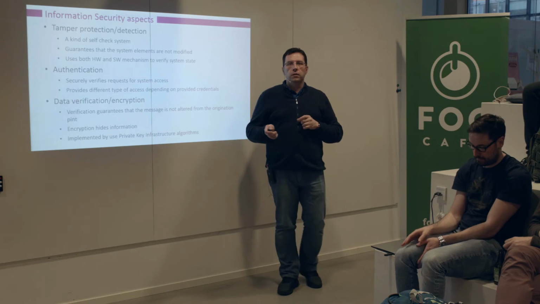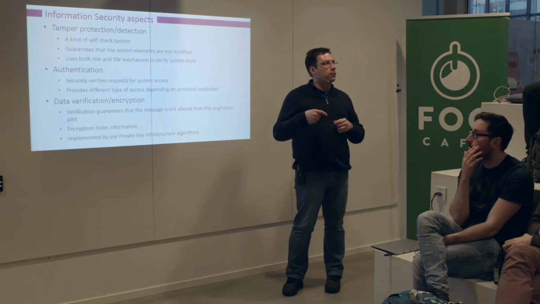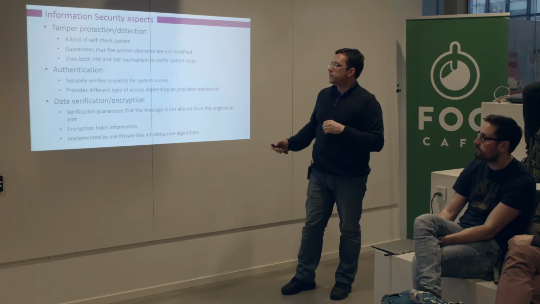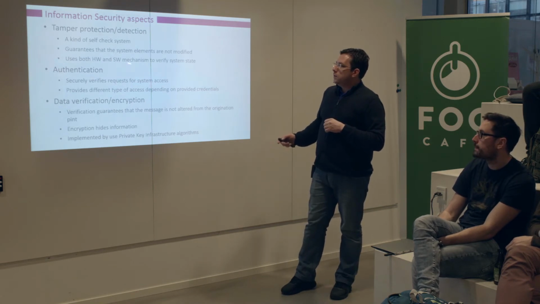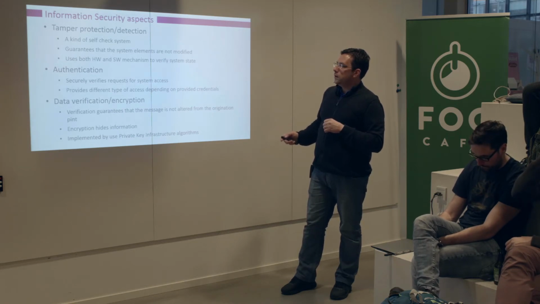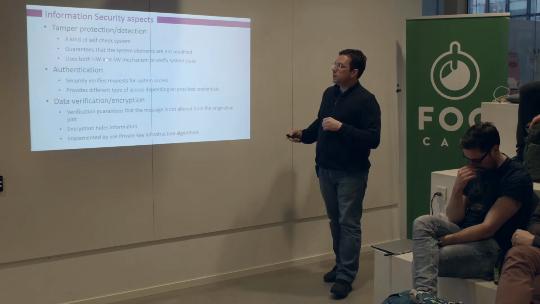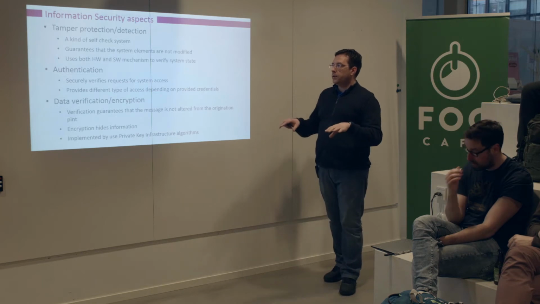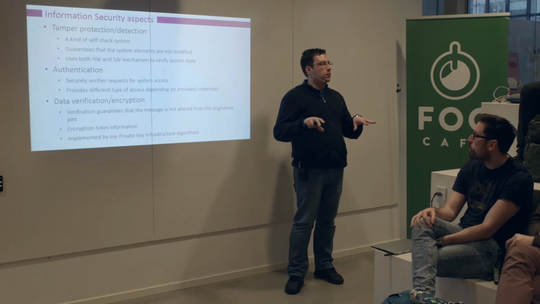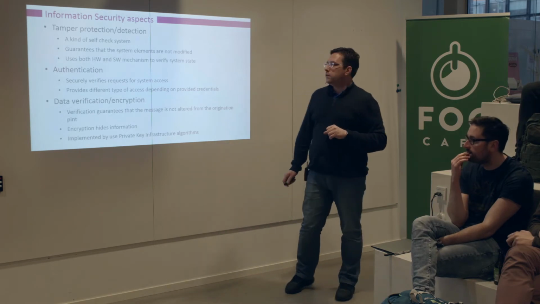Therefore, the system has to have a mechanism to do a self-check prior to continuing with the next step, or prior to giving a possibility to gain access to the secrets concealed within the system. This mechanism will have to guarantee that the system elements are not modified, and within embedded systems, those mechanisms rely both on hardware and software. The idea is to have both hardware and software involved in verifying that the tampering of the system is not happening and that the system is working according to the original specification.